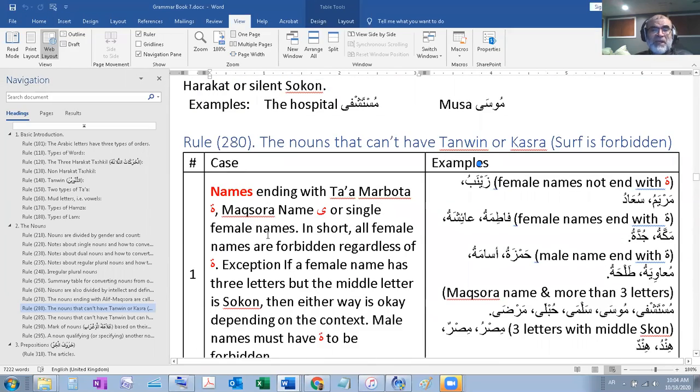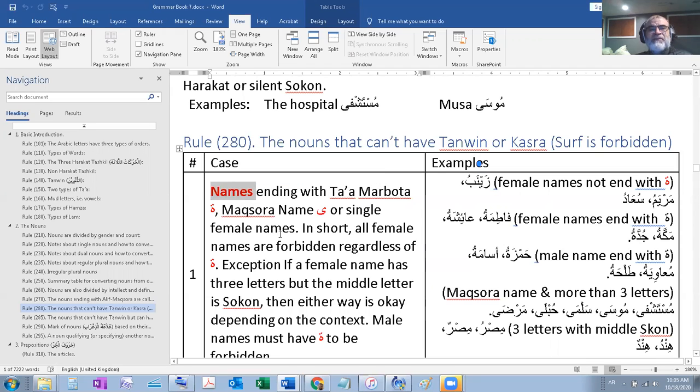Then number 1 applies. And the answer is no. Number 1 applies to names, not nouns. So if it's a female name, if I have a daughter, I called her Saida, Saidat, then it's forbidden. Why? Because that's the name of my daughter, and for female names, sarf is forbidden.